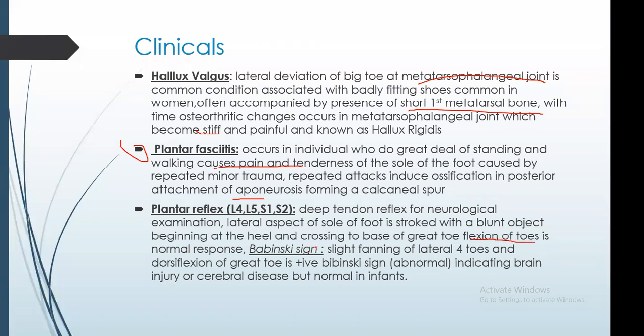The abnormal response is called the Babinski sign, which is the slight fanning of the lateral four toes and dorsiflexion of the great toe. We call this a positive Babinski sign, which is abnormal, indicating that there is injury to the brain or cerebral disease, and this is also normal in infants. This is the fanning out of the lateral toes and dorsiflexion of the great toe.